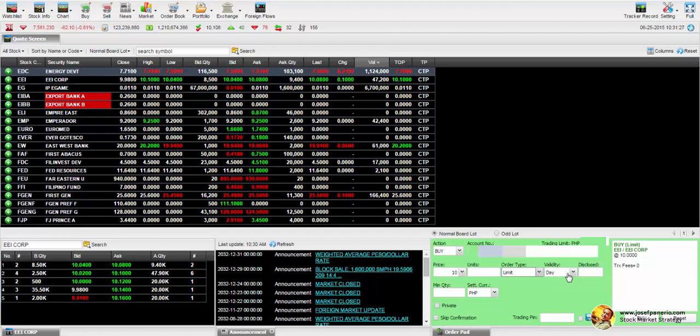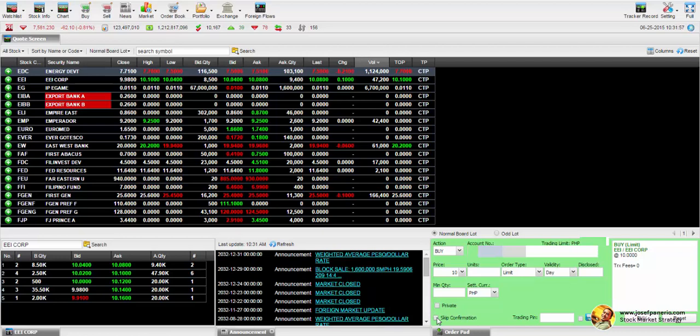Validity is the menu where you pick if you want your transaction to be posted only for the day, or good until close, or good until cancelled. So you have an option here. Minimum quantity, I don't usually use this one. The skip confirmation is pretty useful for those who are into quick trading or day trading.